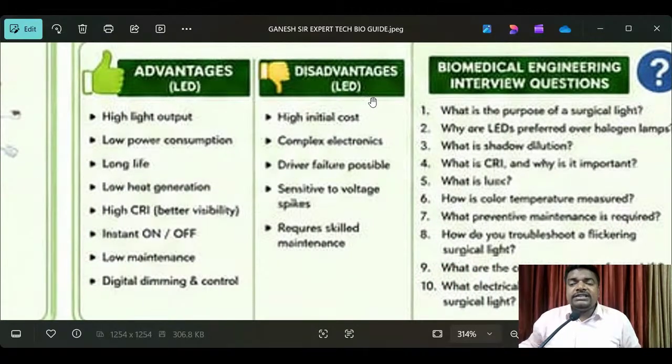Now the disadvantages of LED, my dear engineers, listen carefully to what I'm saying here. High initial cost. Since you are getting this many benefits, definitely it will be high. And complex electronics, driver failure possible, sensitive to voltage spikes, and requires skilled maintenance. So that's why a biomedical engineer is appointed.